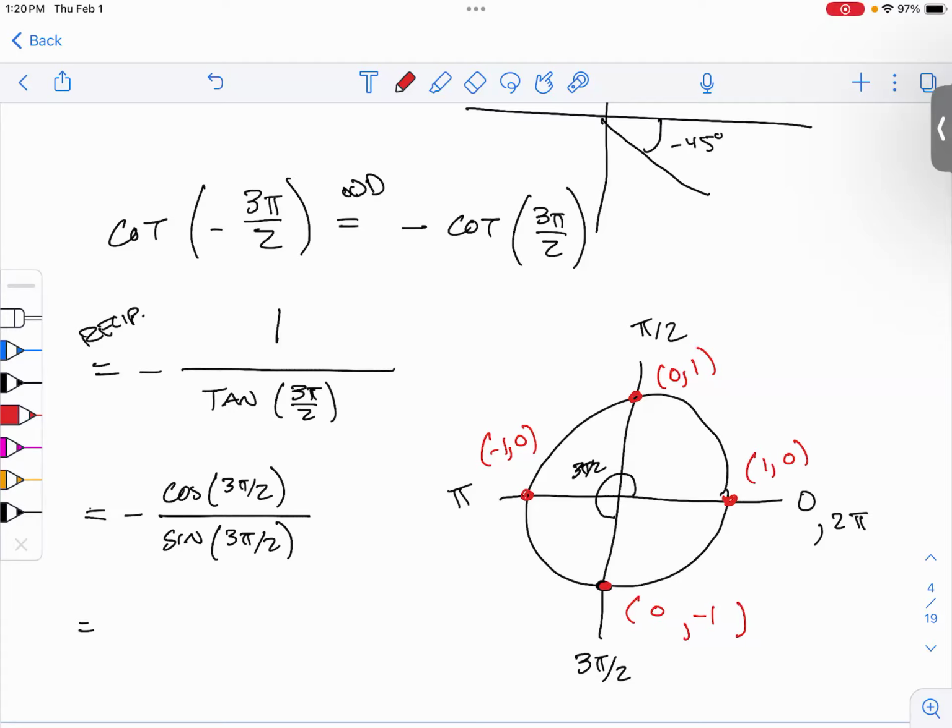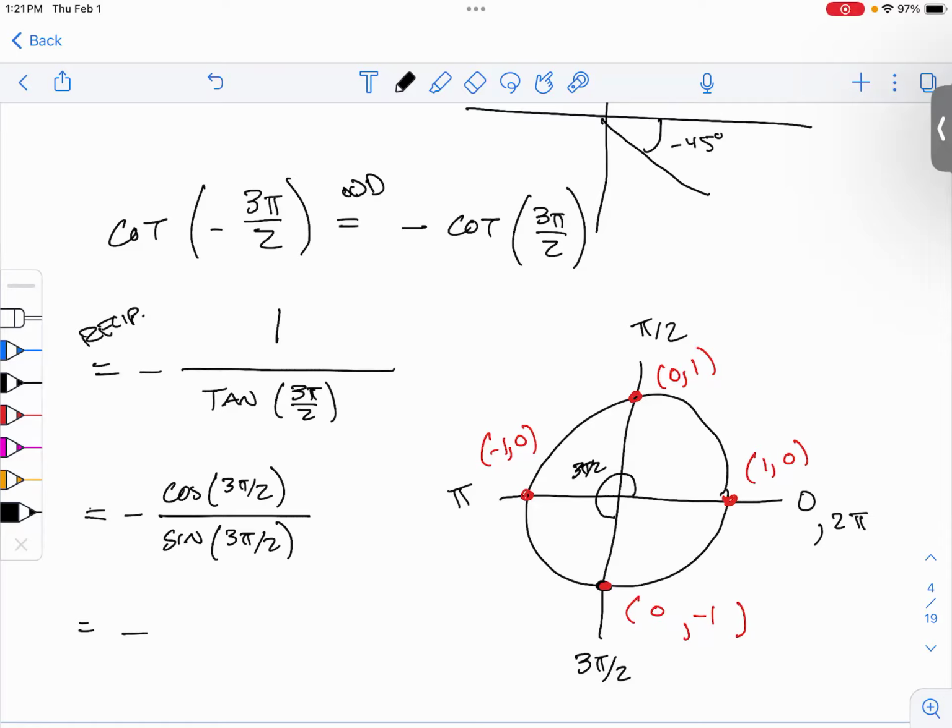So this is actually really, really nice. Since I have cosine over sine, the cosine point here is, for a cosine of 3 pi over 2, what is it? 0 comma negative 1.